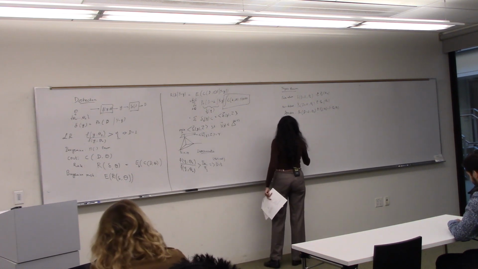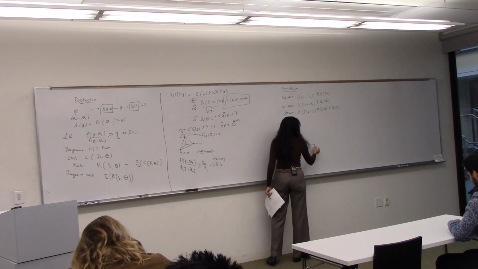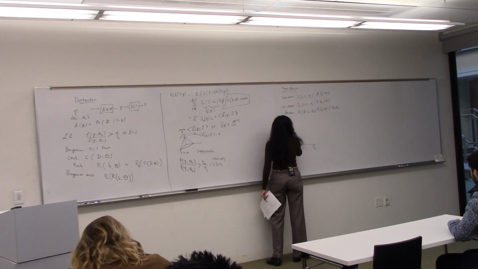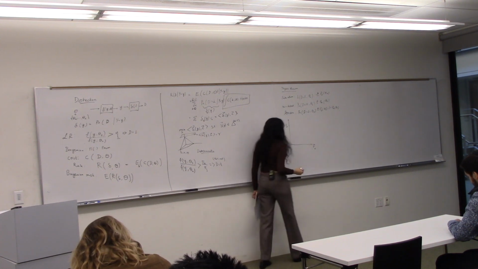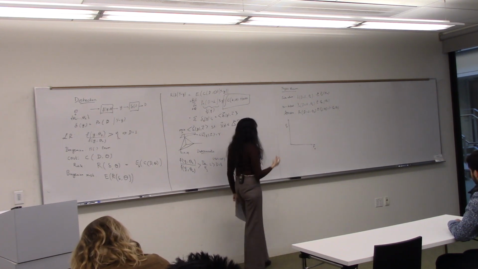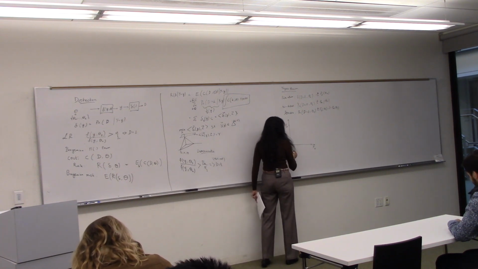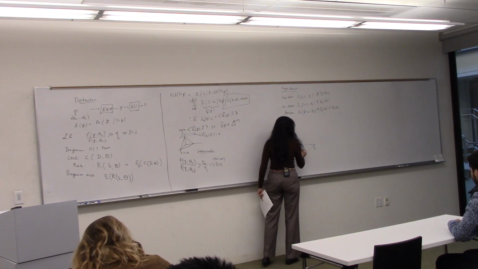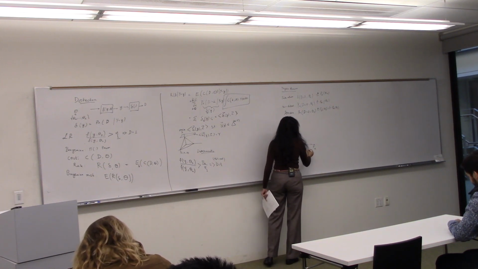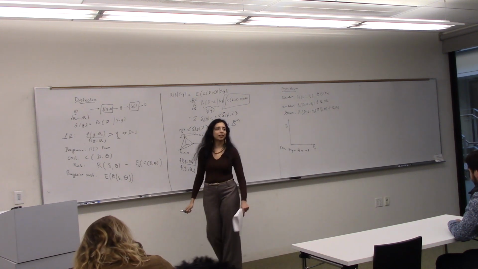So I can plot the false alarm and detection probability for different detectors. And this curve is called ROC, or receiver operating characteristic. Okay, so this is the ROC curve.